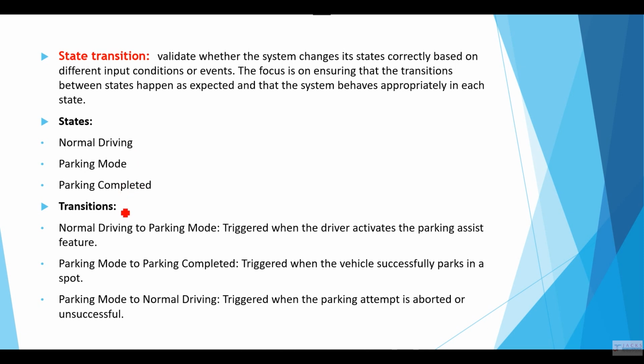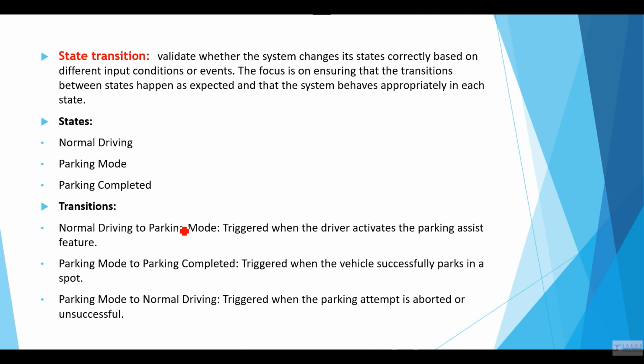Now the transitions. The first transition, normal driving to parking mode, is triggered when the driver activates the parking assist feature. Let's assume you are in normal driving mode and you want to park your vehicle, so you activate the parking assist feature. Now your vehicle should not stay in normal driving mode; it should change its state from normal driving to parking mode.